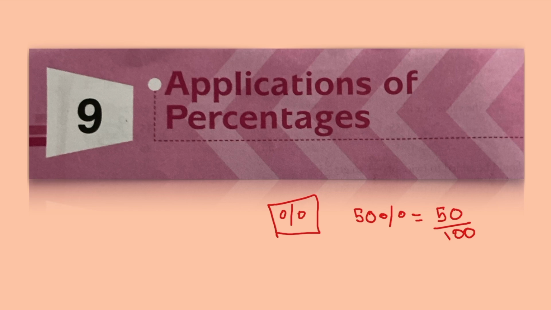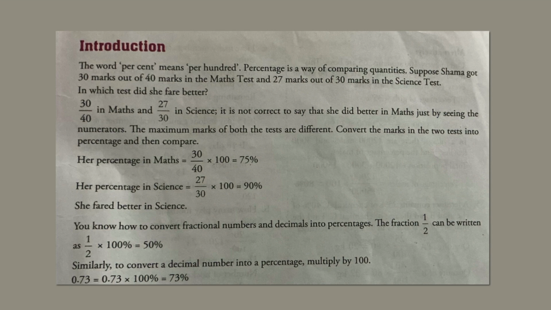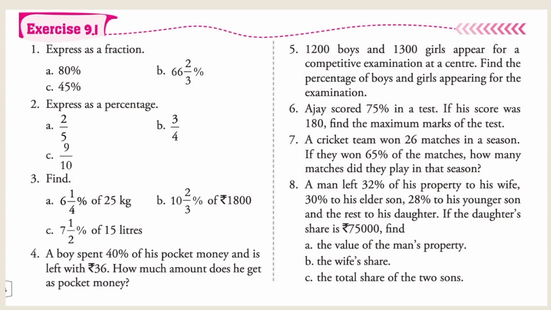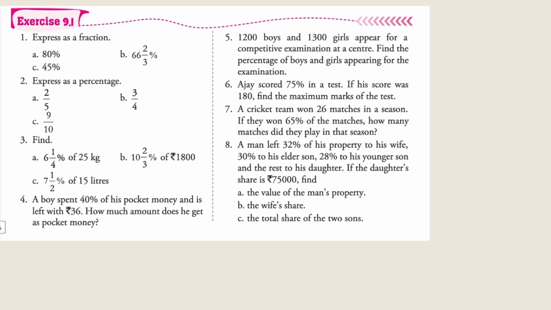Now, let's dive into the exercises. Our first question: express as a fraction. As we know, a percentage is a way to express a number as a fraction of 100, so we will just add 100 in the denominator. Let us apply this.